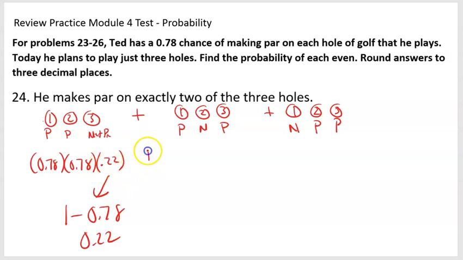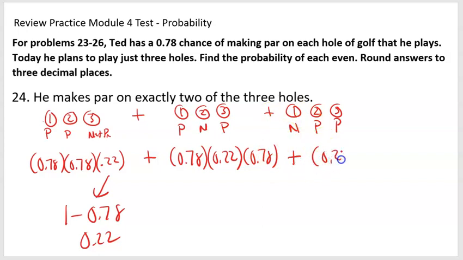So we multiply those together, plus, again, par on the first hole is 0.78, not par on the second hole is 0.22, par on the third hole is 0.78, plus, okay, not par on the first hole is 0.22, par on the second hole is 0.78, and par on the third hole is 0.78.